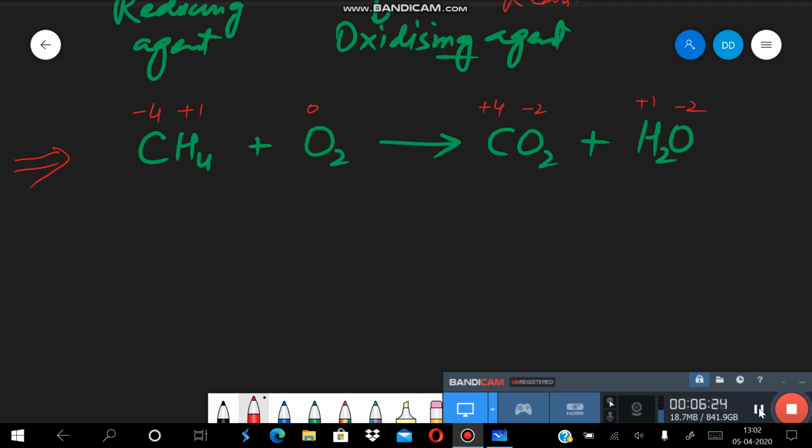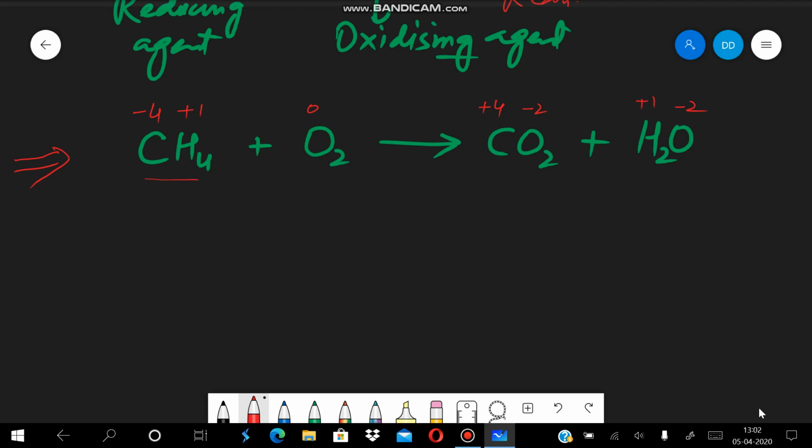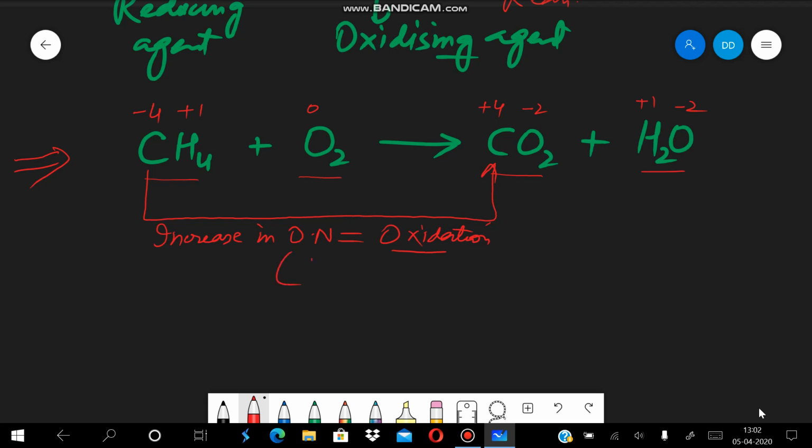In another reaction, methane undergoes combustion in the presence of oxygen and forms carbon dioxide and water. Here, carbon undergoes an increase in oxidation number from -4 to +4. It means carbon or methane undergoes oxidation, therefore it is acting as the reducing agent.